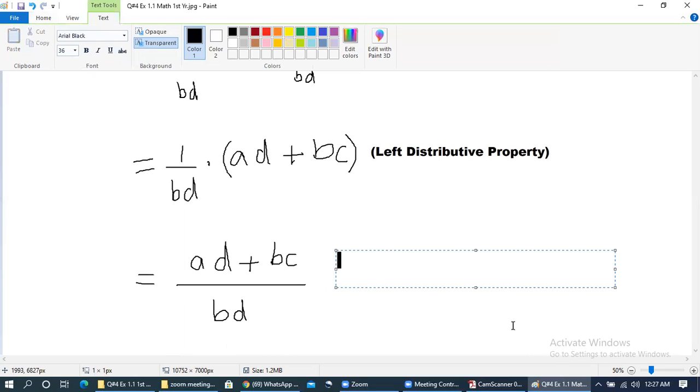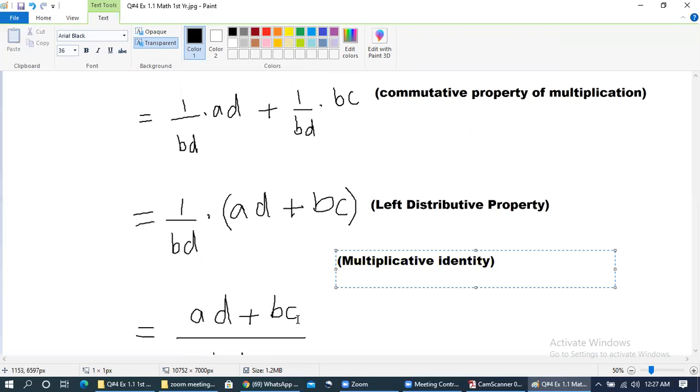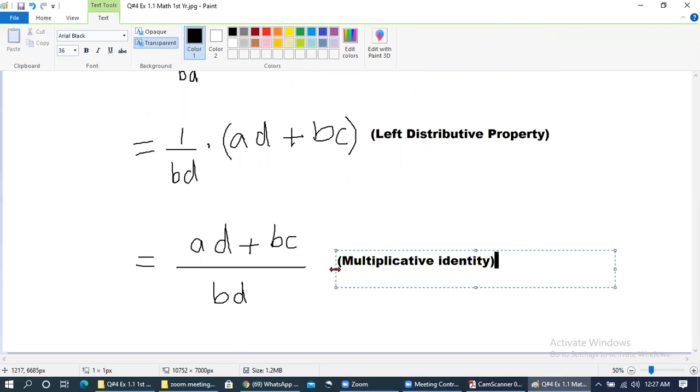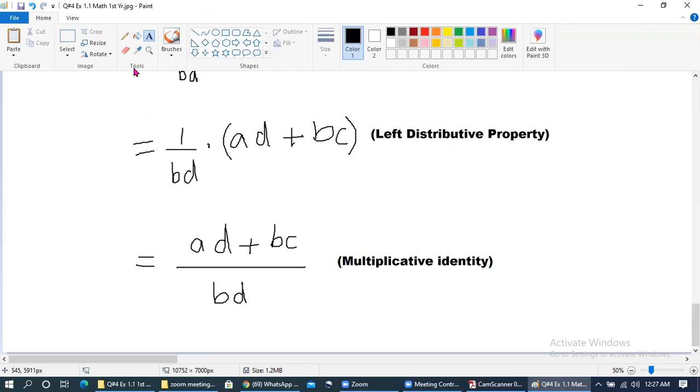Again, because this has been multiplied by 1, multiplicative identity. This is your final result, which is equal to the right hand side. Hence, this has been proved. So this is proved now.